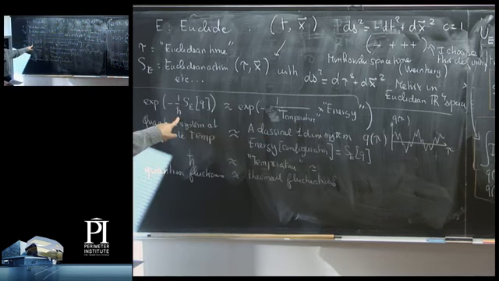Zero-dimensional because there is only one particle. There is 1 degree of freedom. Here you have 1 degree of freedom. And here you have an infinite number of classical degrees of freedom, which are the Q of sigma here, or the Q of tau.